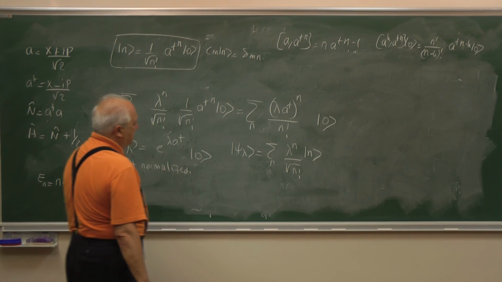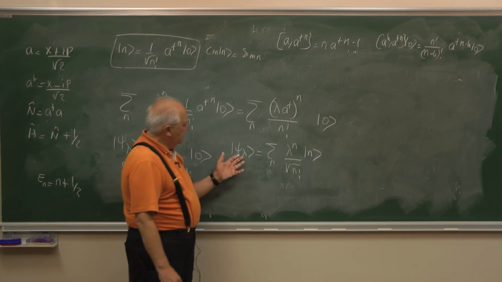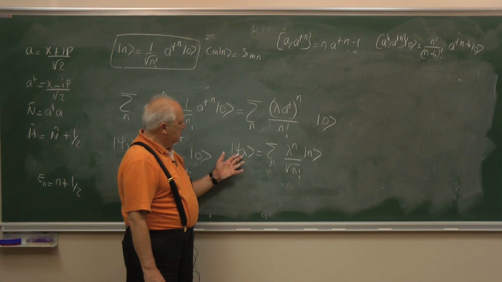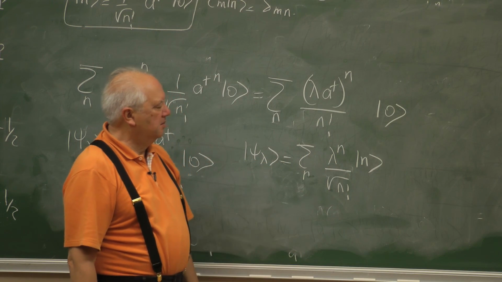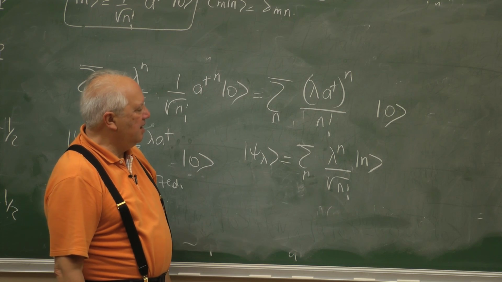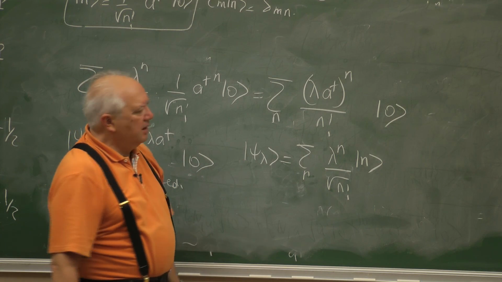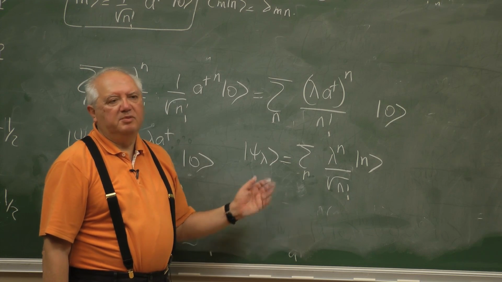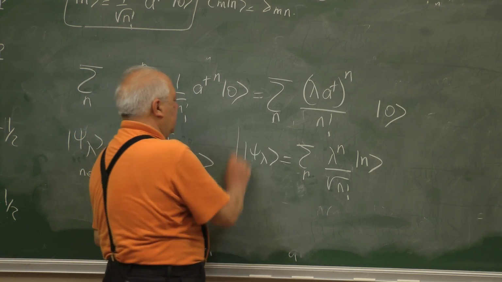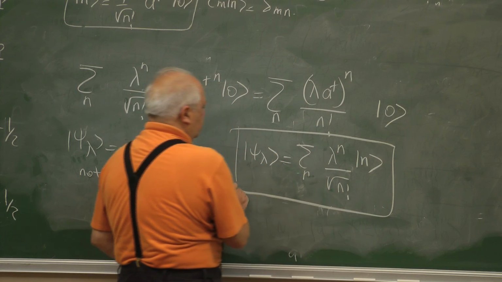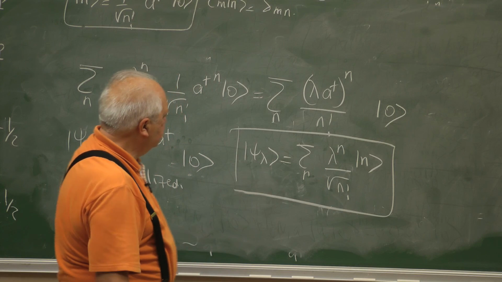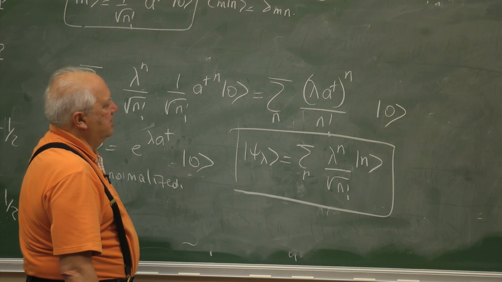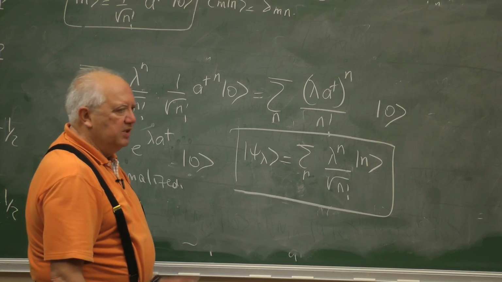By taking the derivative with respect to lambda n times and dividing by root n factorial, you extract the harmonic oscillator state n. So it generates all those states. It turns out this is a very, very useful state. It's the generator of the oscillator states. It's also called the coherent state. We shall discuss a lot about it. We take a short break now.